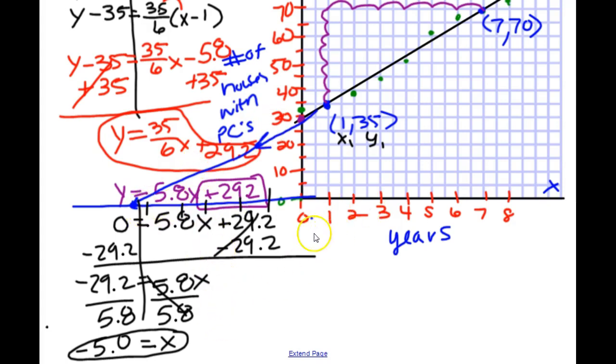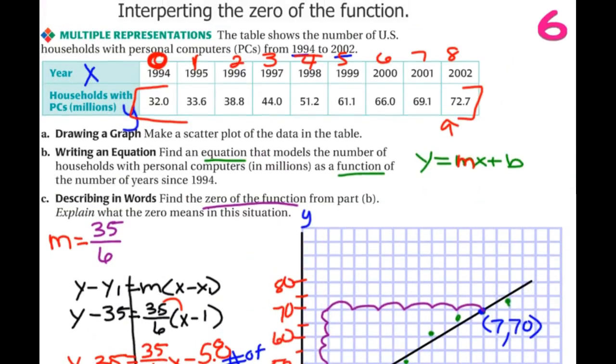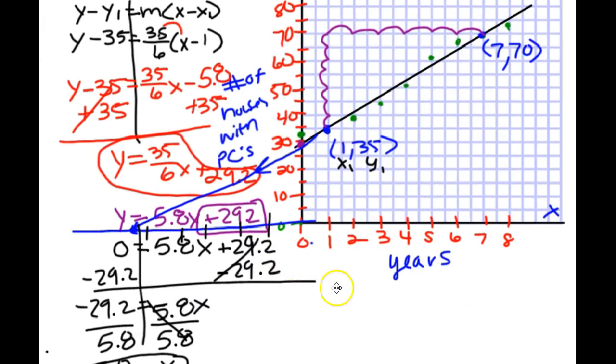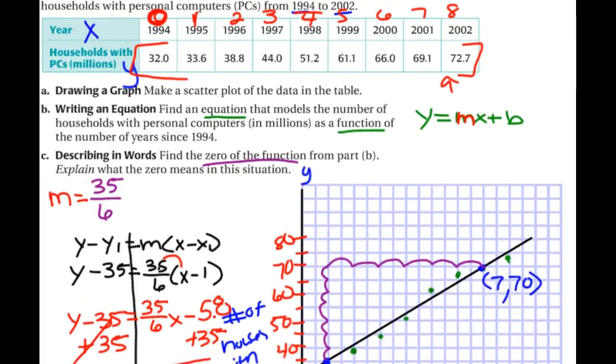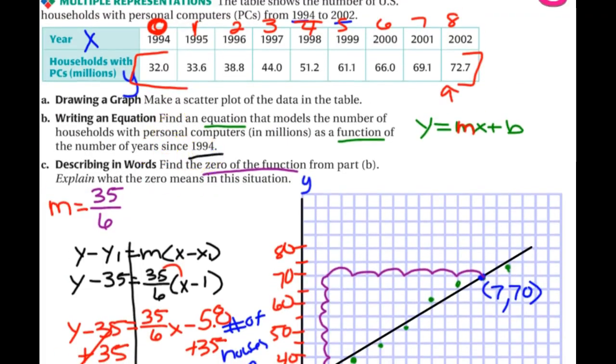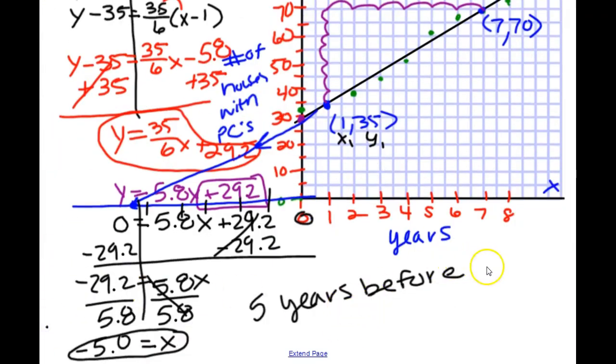So that means, in what year was this at 0? This was the number of PCs. So what does this mean? This answer, it's going to be 5 years before, well, what was year 0? Year 0 was really the year 1994. So 5 years before 1994 is when what happened?